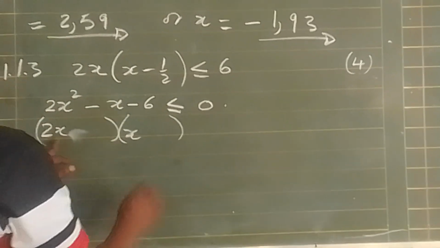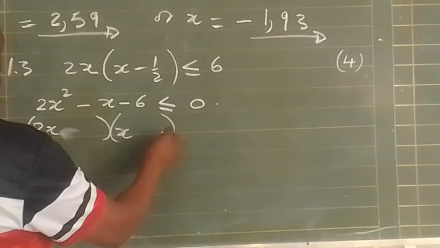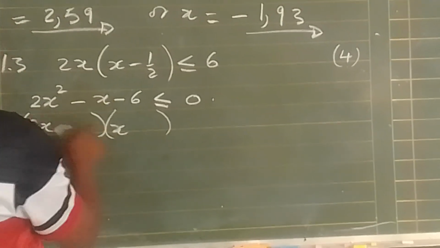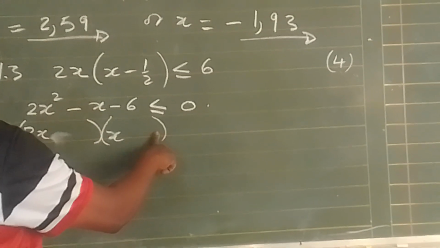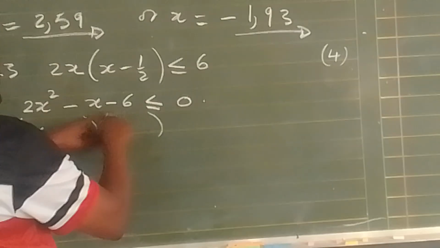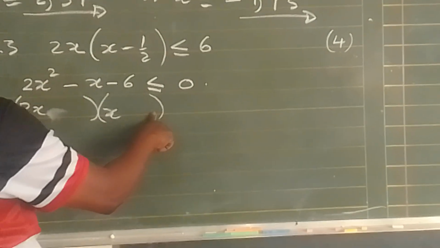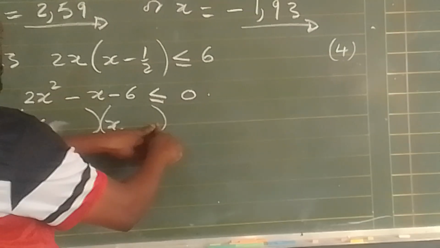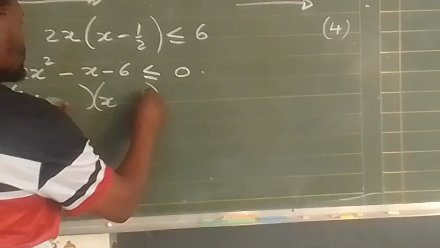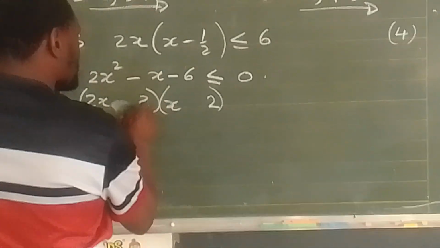So let's try 2 times, to get a 1, a 2 and a 3. So it's 2 here, it's 3 here.